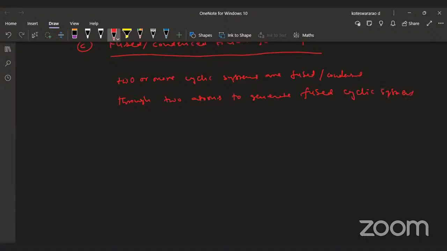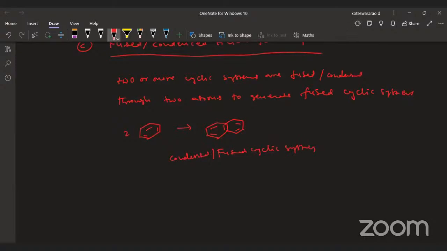For example, if you take two benzenes, two benzenes are fused through the two common carbons. These are the common carbons. That is a fused or condensed cyclic system.